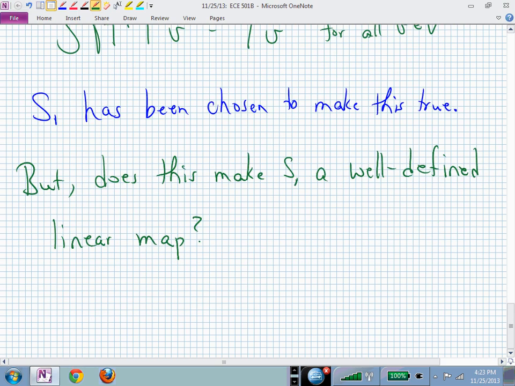And to check whether it's well defined or not, we're going to make sure that S1 produces a unique map, and that it is a linear map. So the first thing, let's check the uniqueness of the map S1.